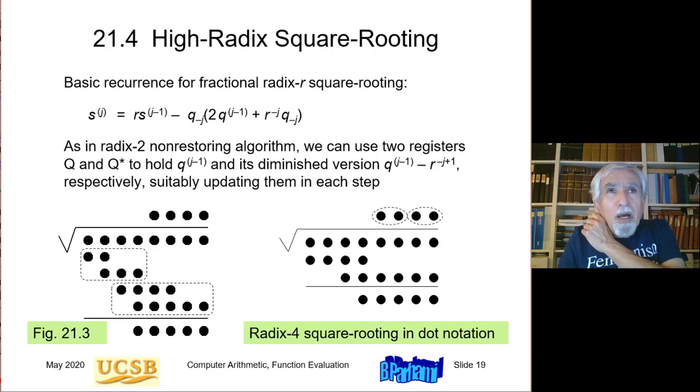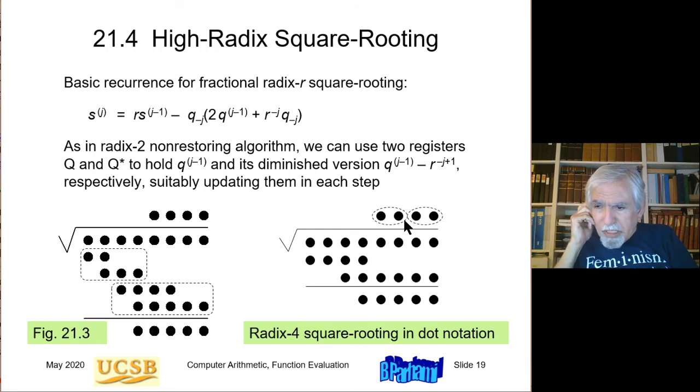We can also do high radix square rooting, similar to division. The idea being that instead of developing the root bits in binary one at a time, we can develop them two at a time, doing radix 4. So in the first step, I determine what these 2 bits should be, or the corresponding radix 4 digit.